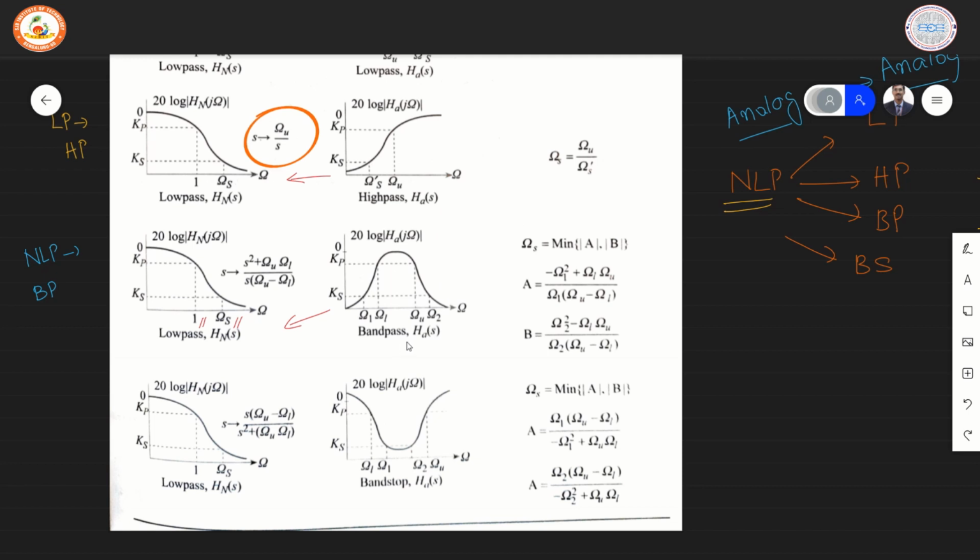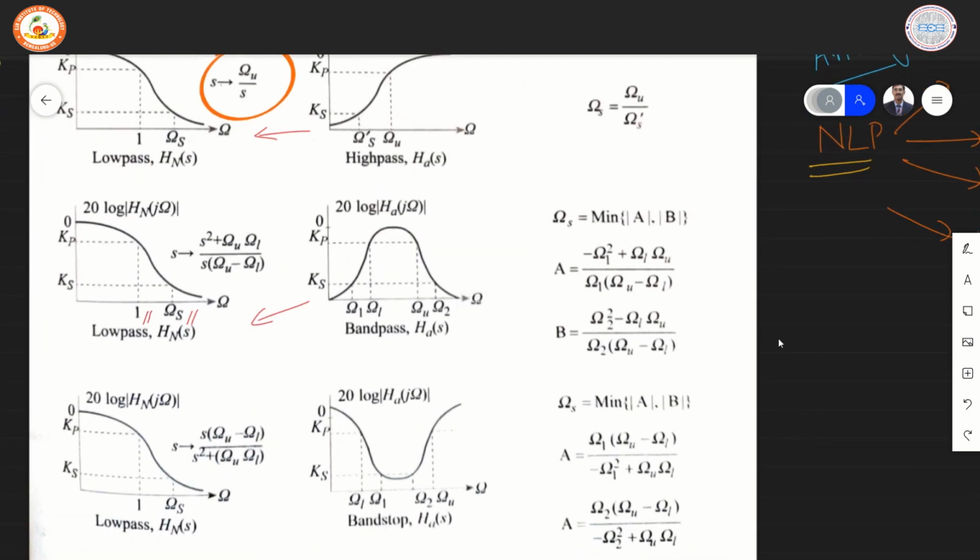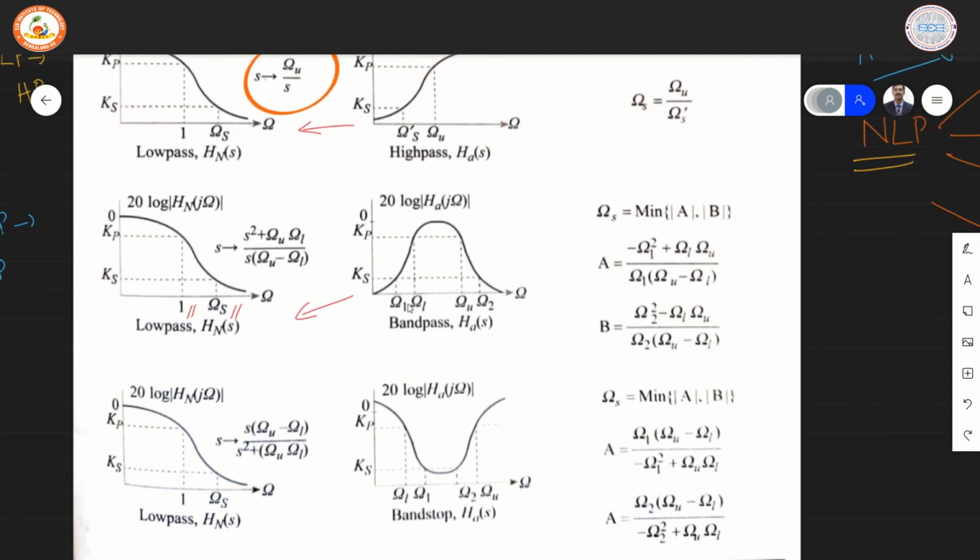Therefore, the total number of edge frequencies we have will be 4 in number. The edges of the stop band are denoted as omega 1 and omega 2. The edges of the pass band are indicated as omega L and omega U.